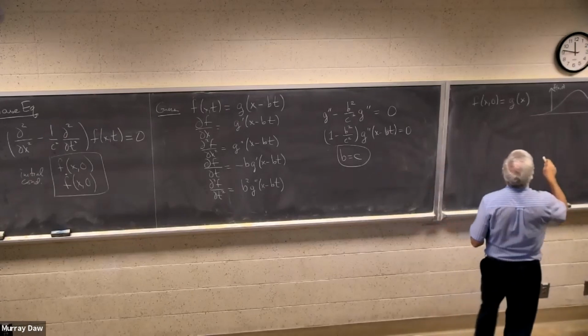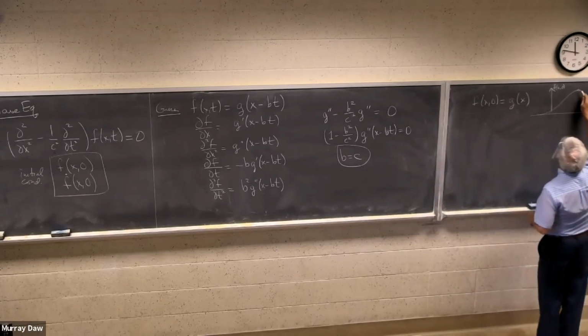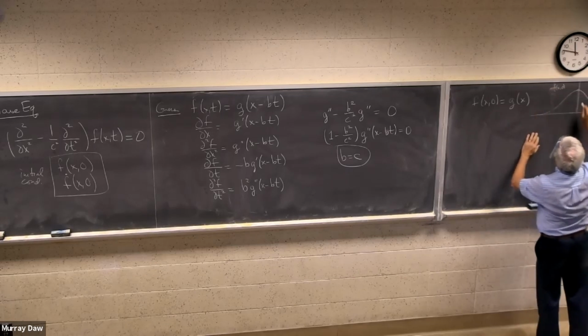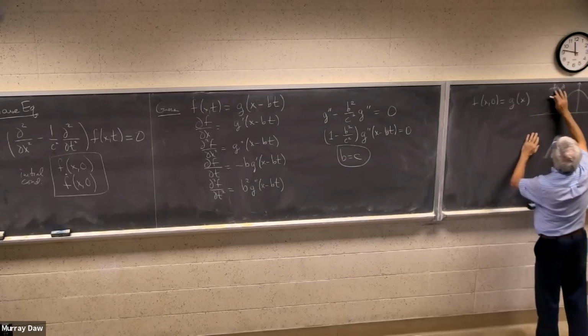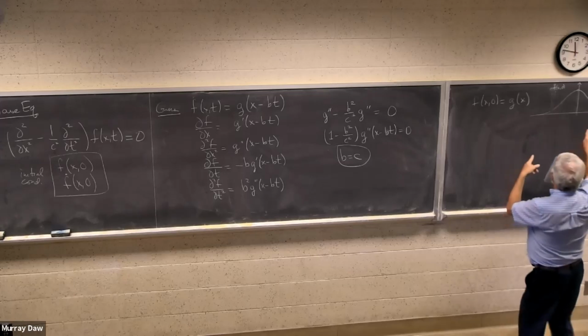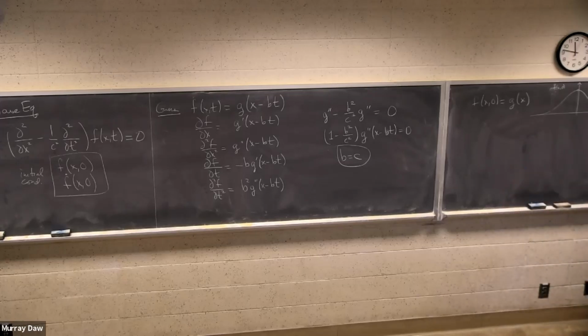So let's pick a value, let's pick the peak here. And let's suppose it looks like this, just to make it easy. Let's suppose it has a maximum at the origin. At a later time, that maximum, what's going to happen to it? It's going to decrease.